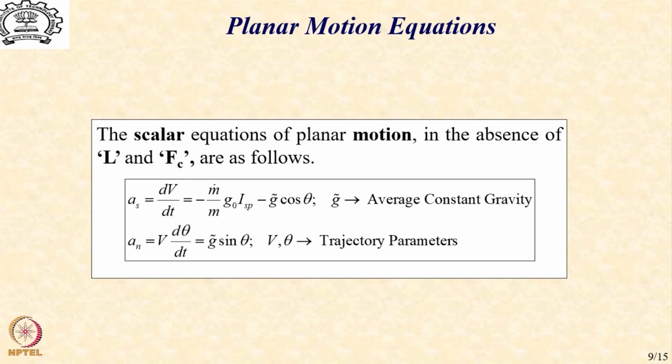In addition to this, now we have a normal acceleration an, which is v into d theta by dt, and this should be equal to the normal component of the gravity in the s and n coordinate system, that is g tilde sin theta. Here v and theta are treated as trajectory parameters.